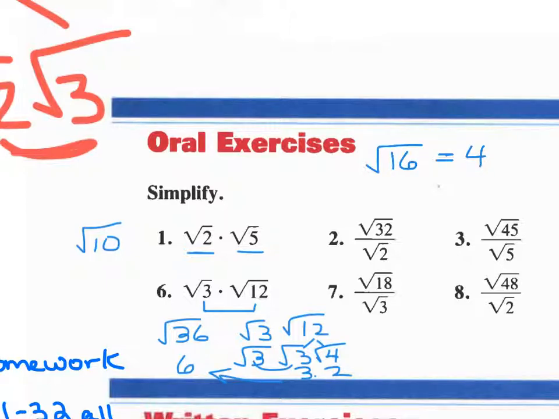Same thing here. 18 divided by the square root of 3, and you would just get the square root of 6. Once you divide this or simplify this, notice the 6 was in the top, so it's fine. You can leave it alone.